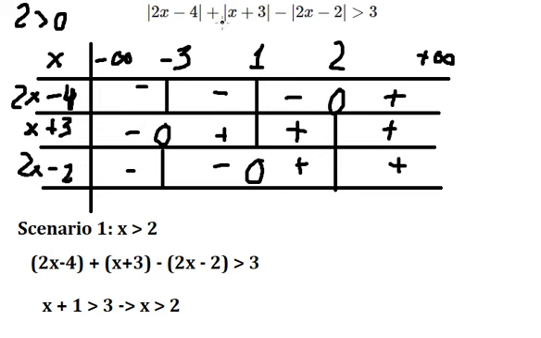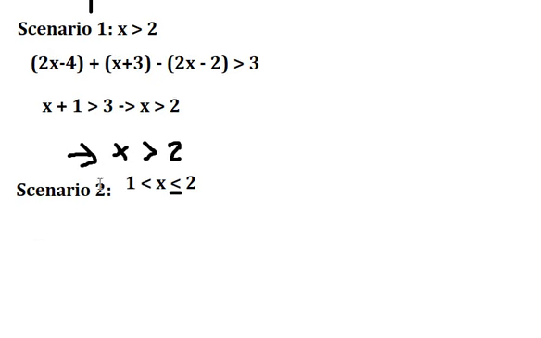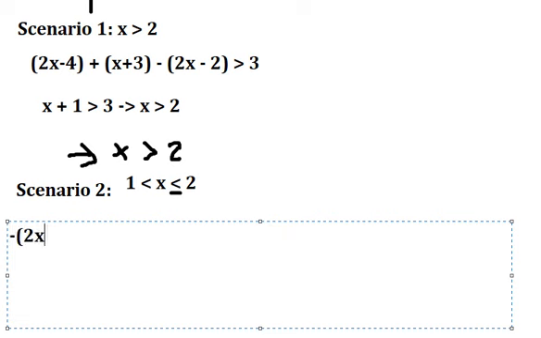This one and this one, we keep the same. So we have negative number 2s plus s and negative 2s. This one you got negative 3s. Negative with negative, we have positive number 4 plus number 3 minus negative number 2, and that is number 9.